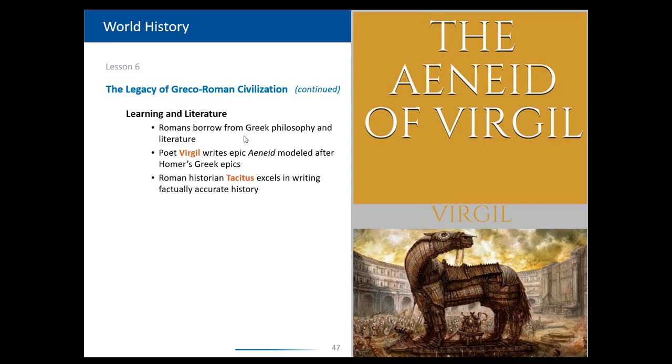The Romans borrowed from Greek philosophy and literature, and they also had many poets, writers, and historians. The poet Virgil, for example, wrote the epic Aeneid, which is modeled after Homer's Greek epics. The Roman historian Tacitus excelled in writing factually accurate history.